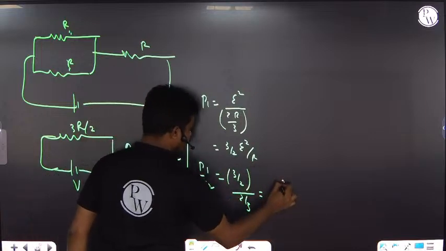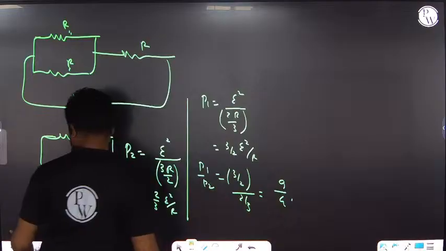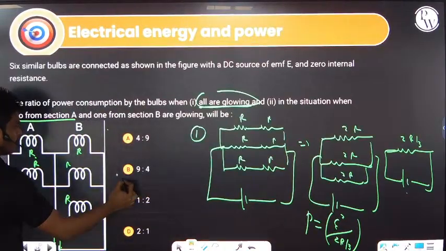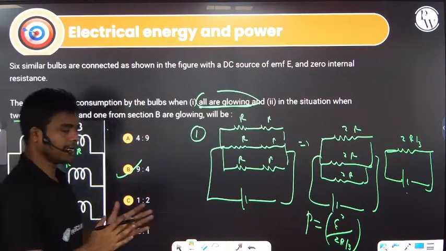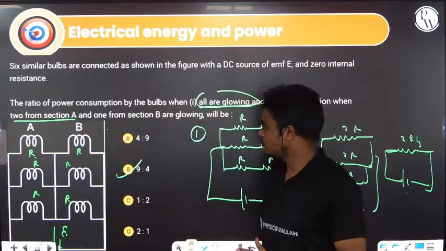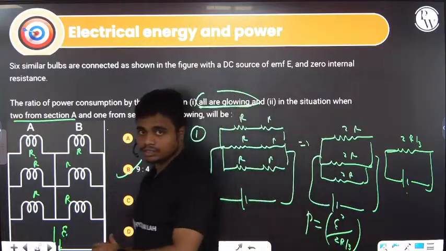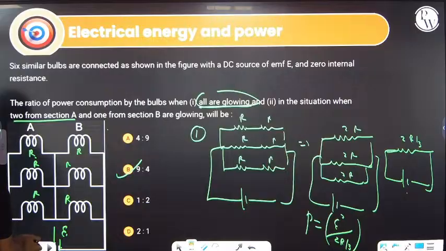So 3 times 3 is 9, by 4. The answer is option 9 by 4. Clear? So this is the ratio of the power in two different cases, and we just saw the parallel combination for the bulbs over here.